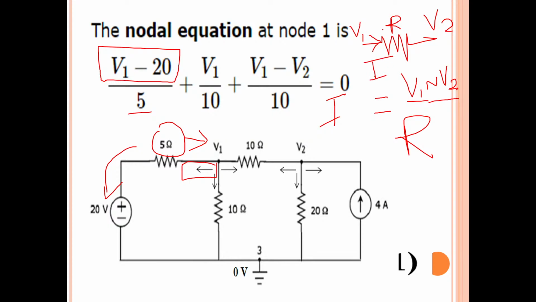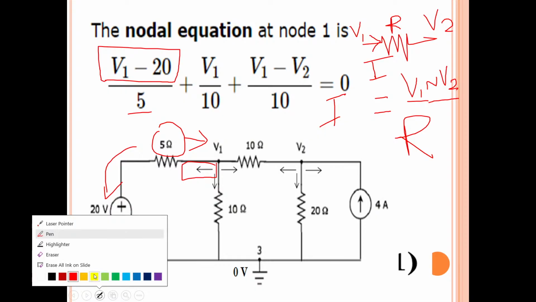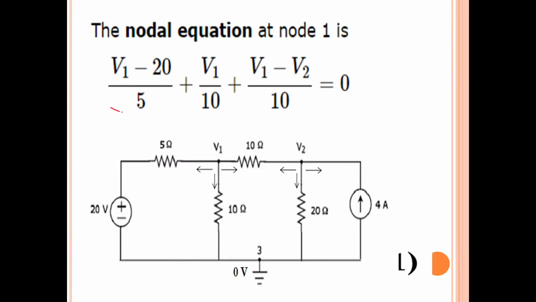I equals V1 minus V2 or V2 minus V1, divided by R. That is the current. So the current flowing through the first branch, through the 5 ohms resistor, is V1 minus 20 by 5.